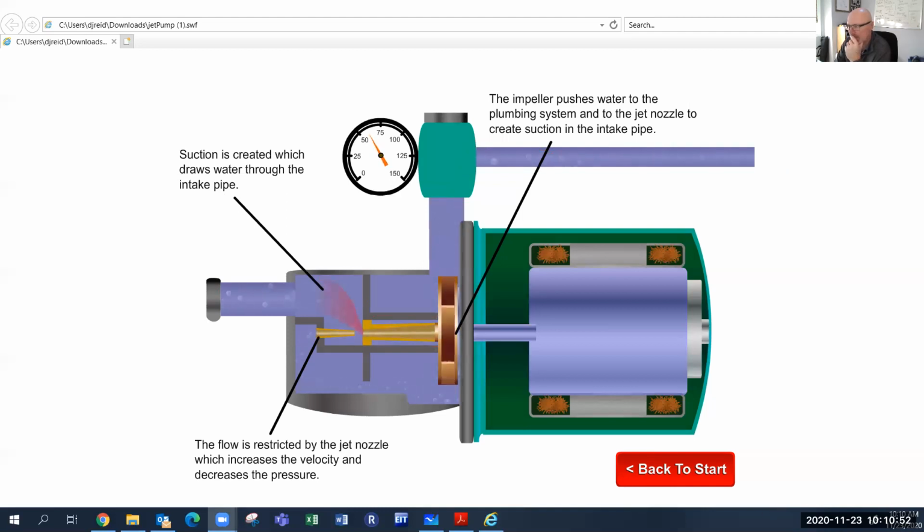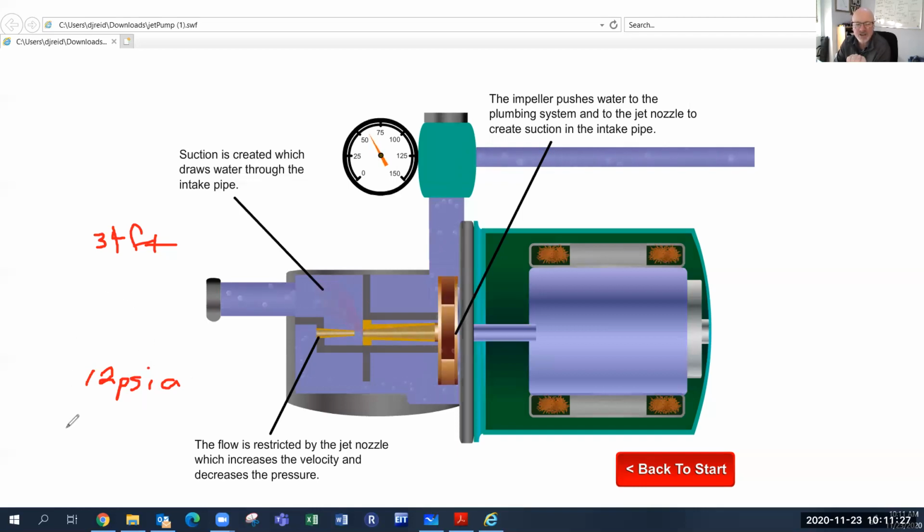So let me just show you another way. First, let me say that the amount of lift in a perfect vacuum would be about 34 feet. Quite frankly, the pressure here in Calgary, Alberta is about 12 PSI atmospheric. We have less pressure as we come up to higher elevations, so there's less pressure to work with.